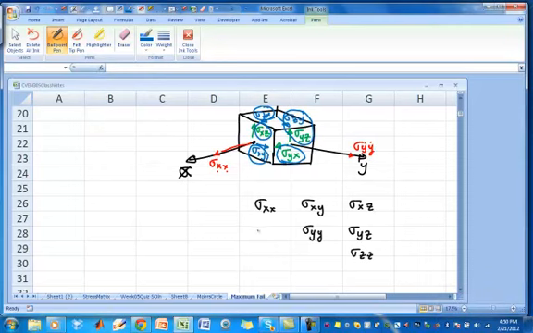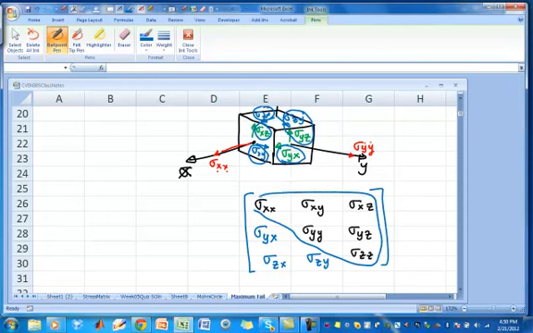So I have sigma yx, sigma zx, sigma zy. This matrix, these 6 numbers, this is what we mean by the state of stress or the stress state.